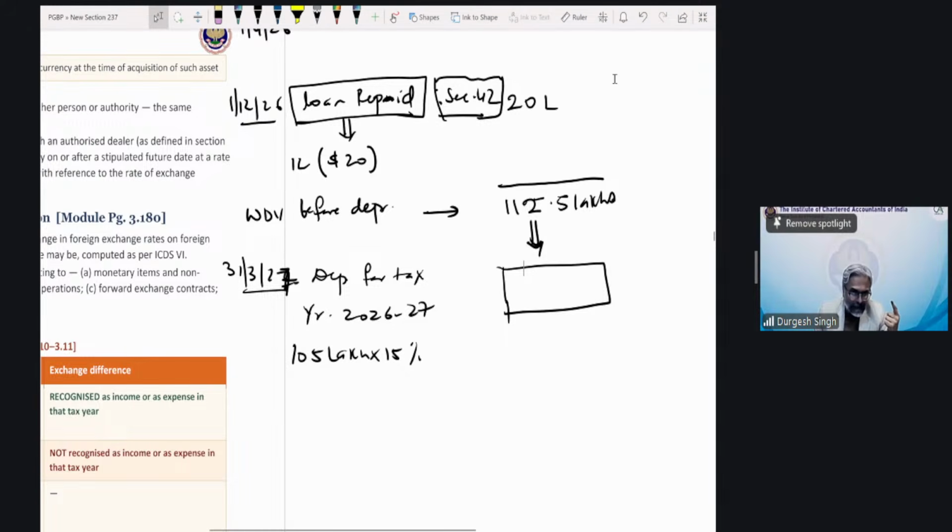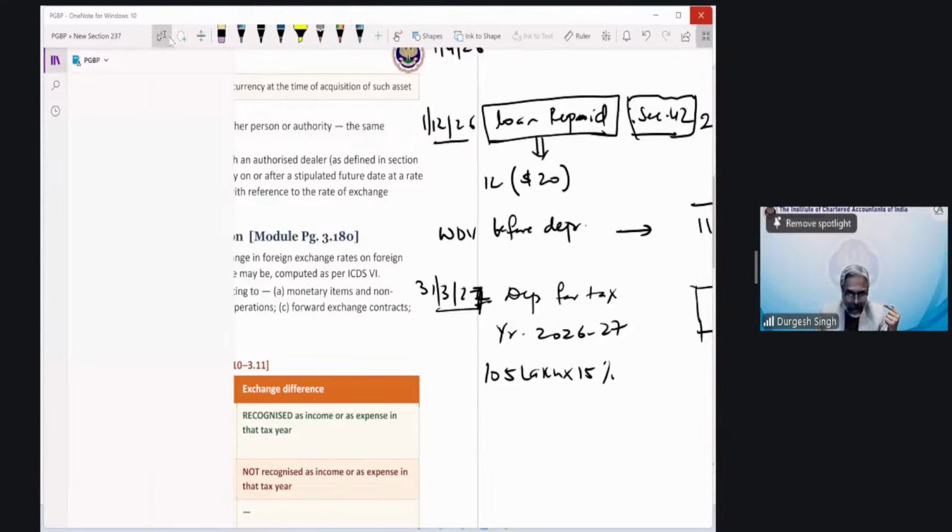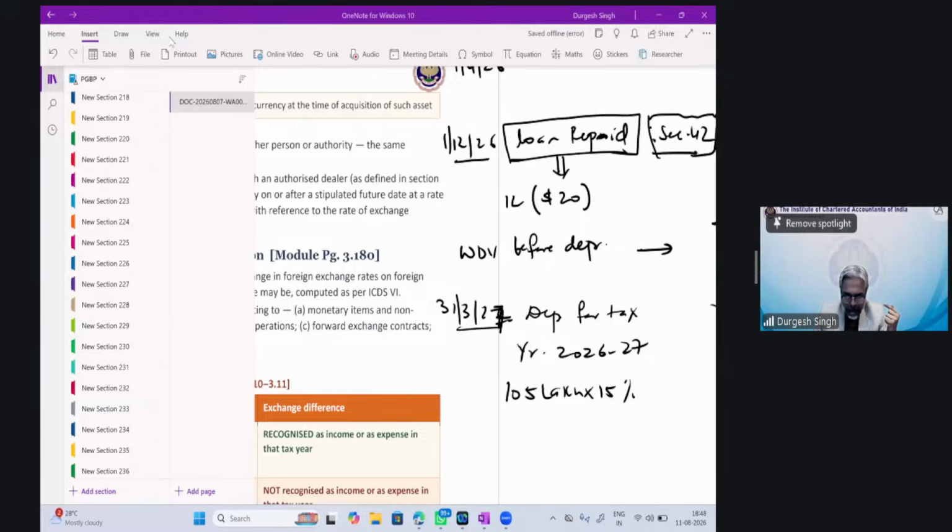If that is the case, students, shall we proceed now to section 43 and ICDS number 6? Quickly confirm on the practical application. Depreciation would always be 15% now.